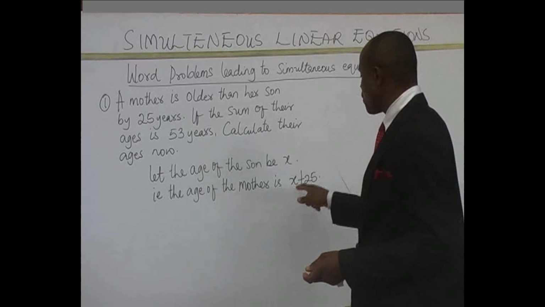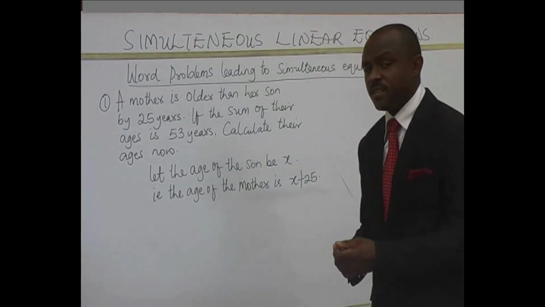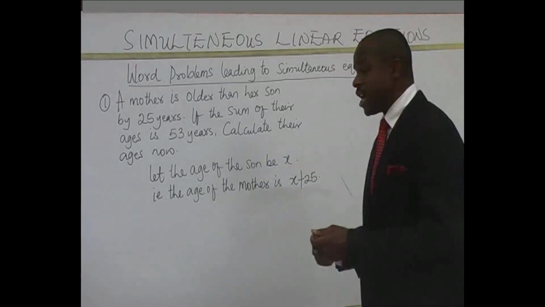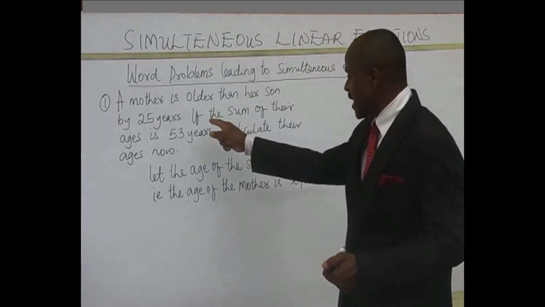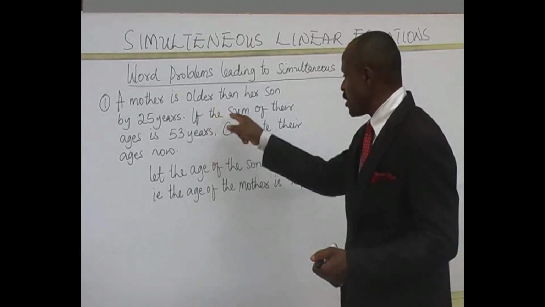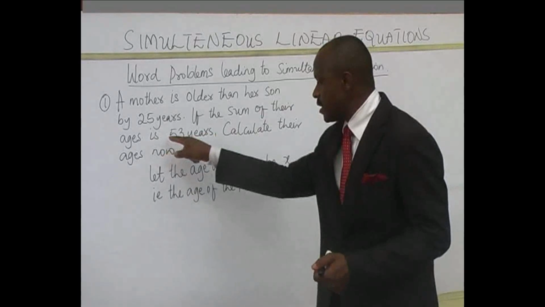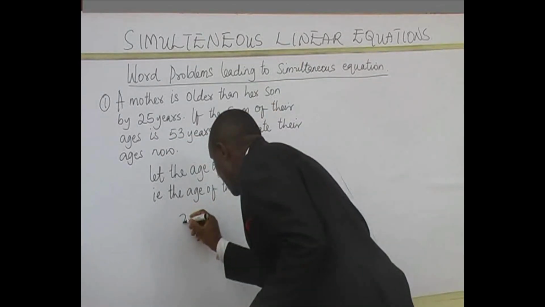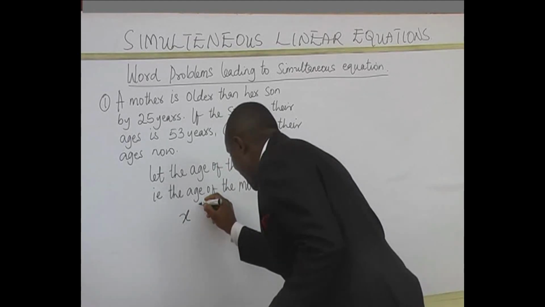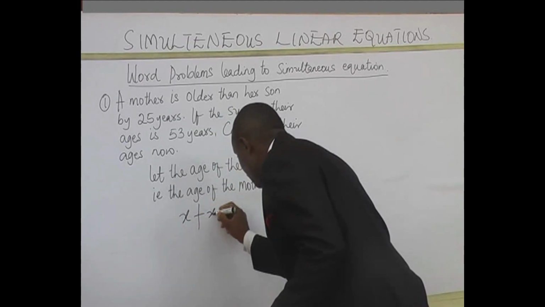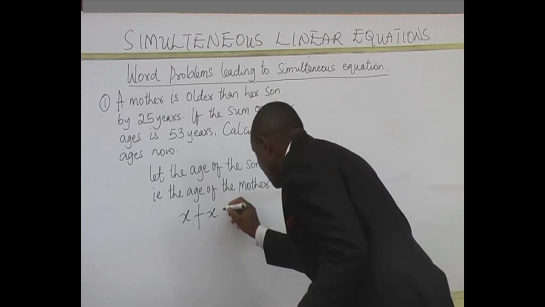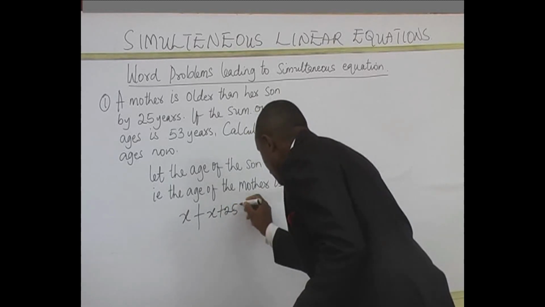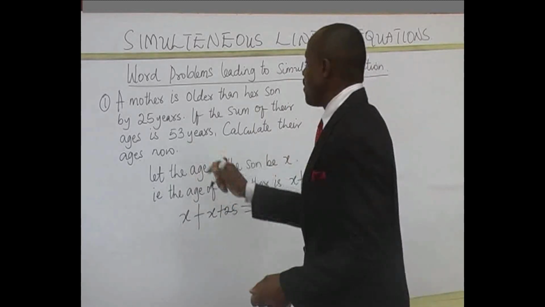Now, if X plus 25 is the age of the mother and X is the age of the son, from the second sentence, if the sum of their ages is 53, that means the age of the son, represented by X, plus the age of the mother, represented by X plus 25, is 53.